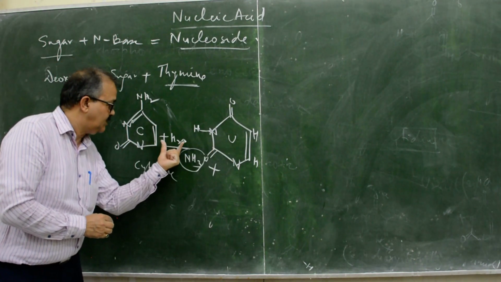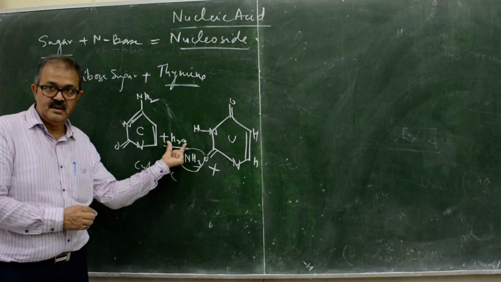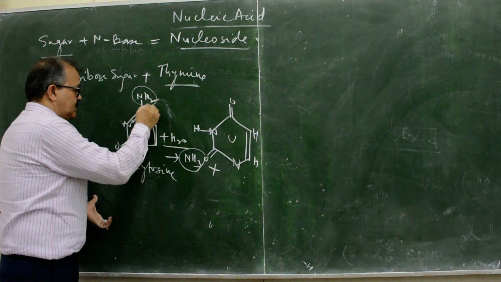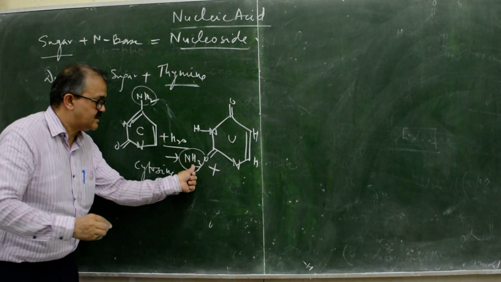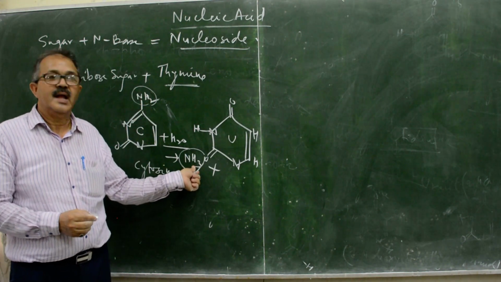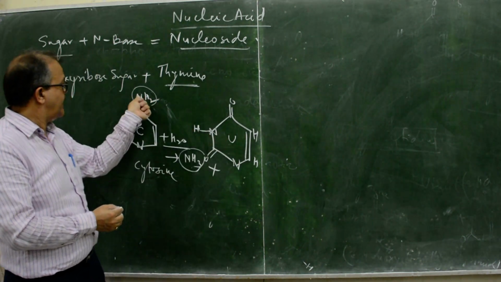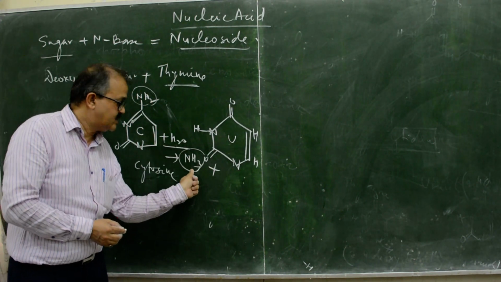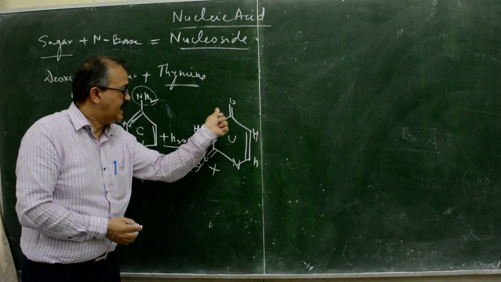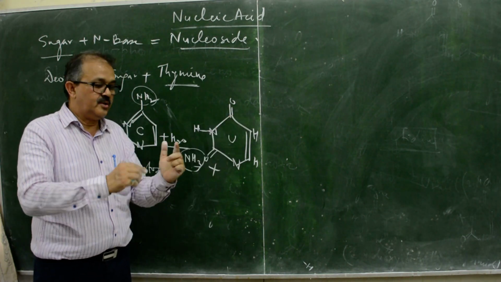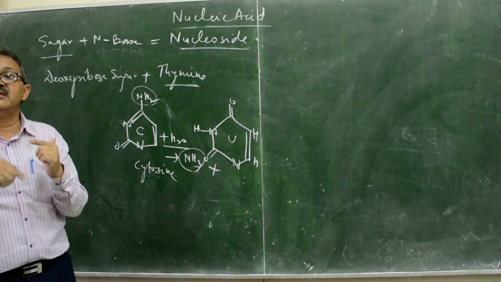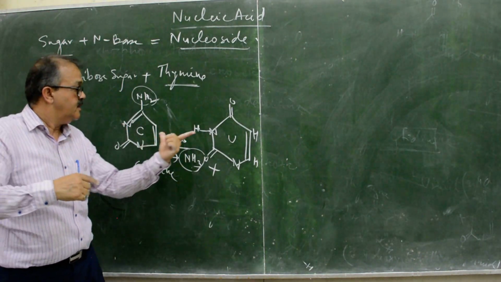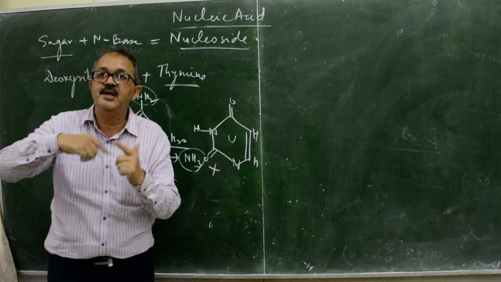Due to hydrolysis, the NH2 group of cytosine interacts with H2O and produces ammonia, NH3, and an oxygen group is attached. So it is known as deamination of cytosine, and due to deamination of cytosine, uracil is produced.